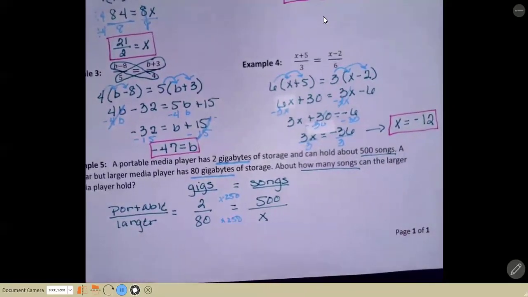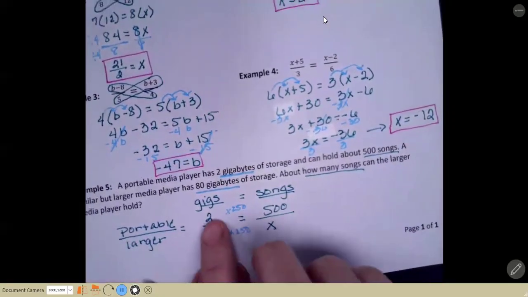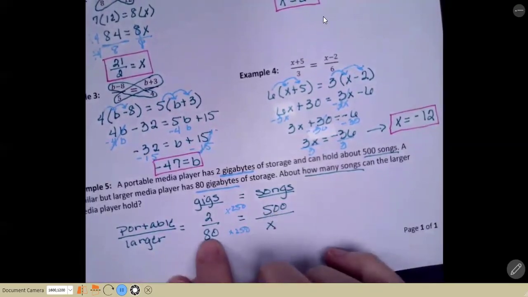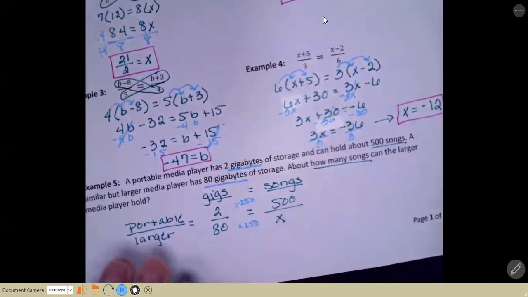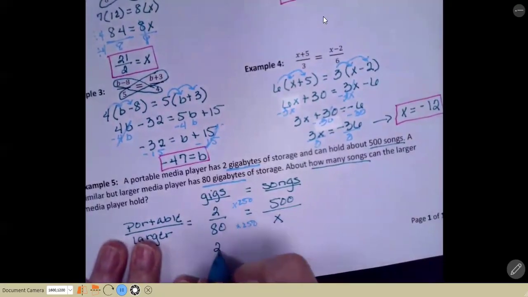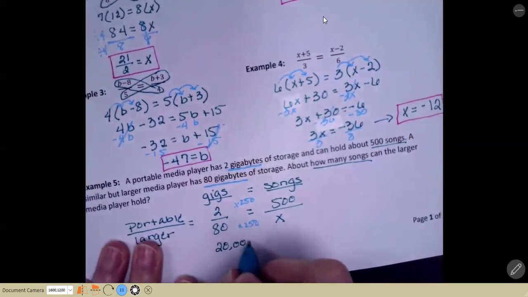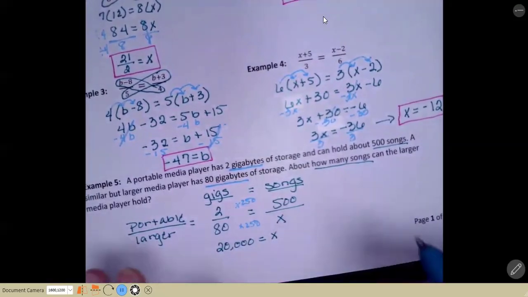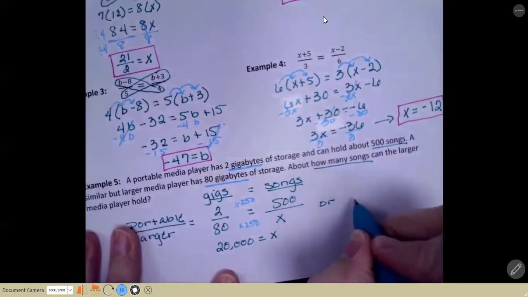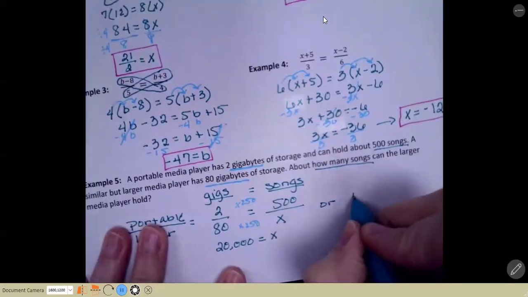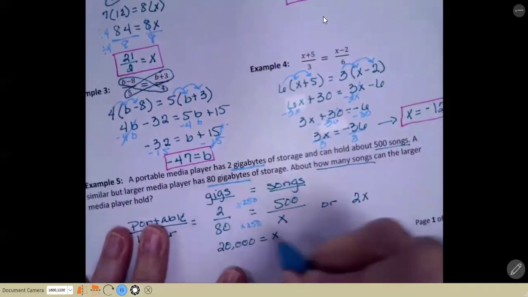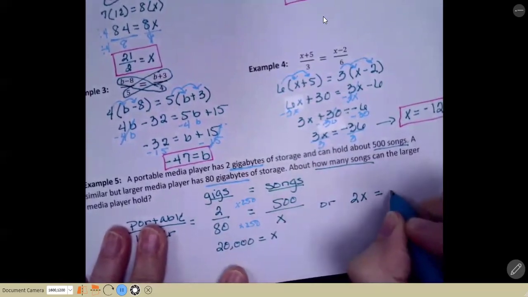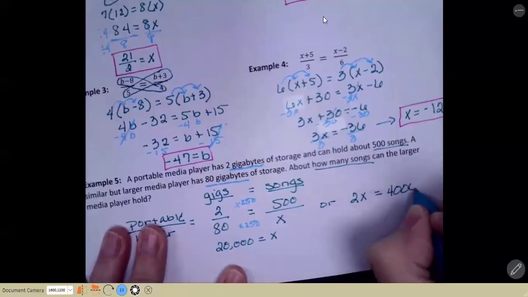Okay, so there's two ways you could do this. Most of you could see that 2 times 250 is 500. So then you would multiply 80 times 250 and you would get 20,000 is X. Or you could have said 2 times X is 2X equals 80 times 500, which is 40,000.